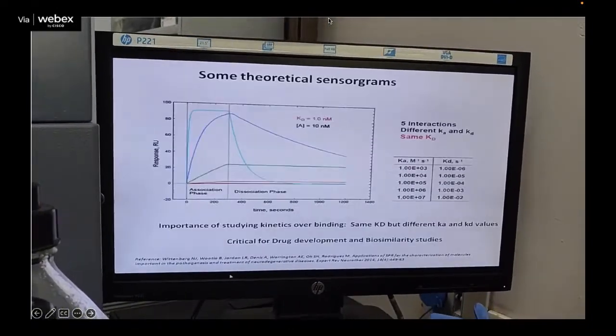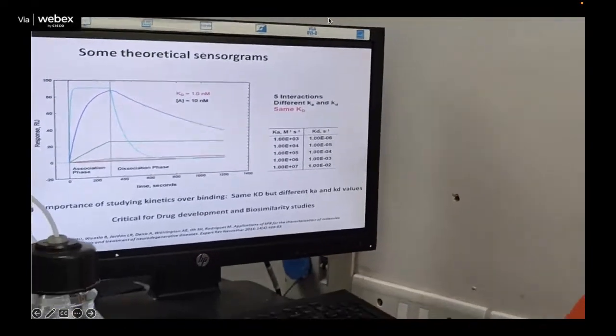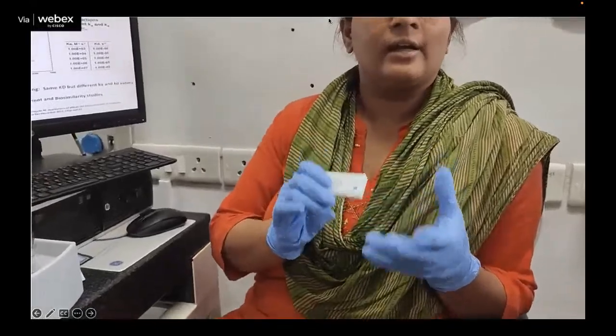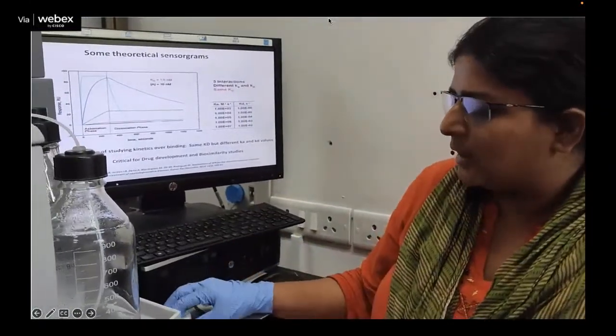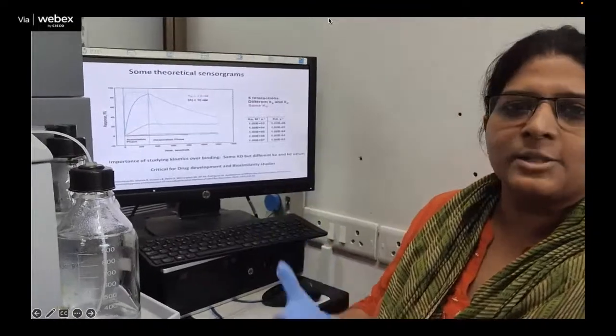So why do we use SPR? What extra information is SPR giving? You can get the KD value from other assays also, for example, by ITC, you can get the KD. Then why SPR?